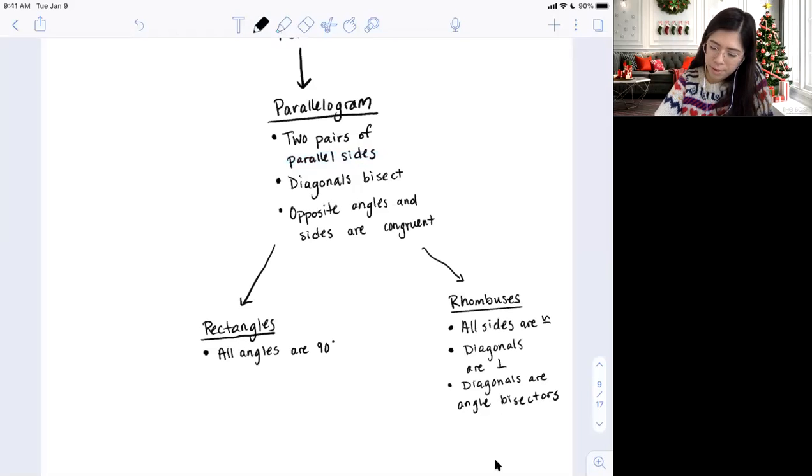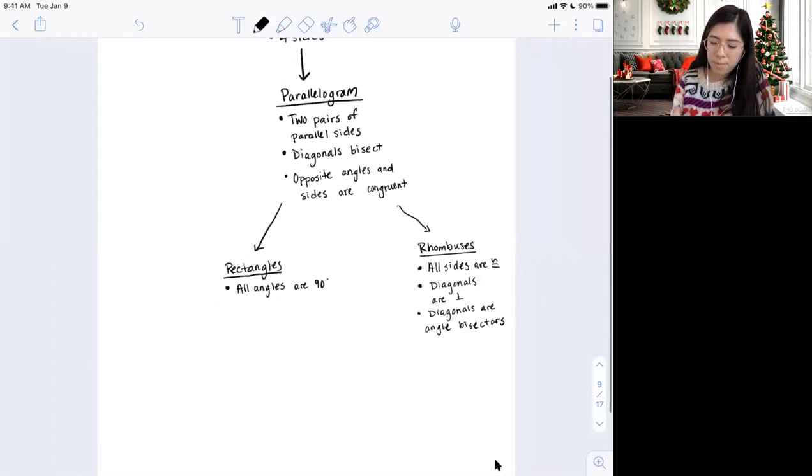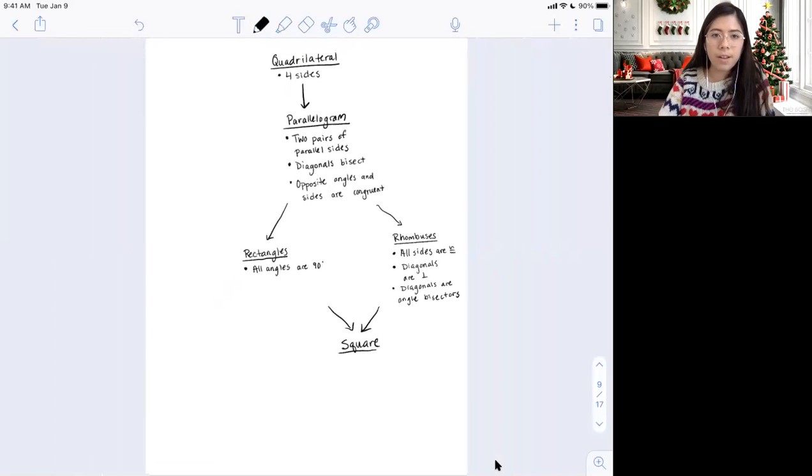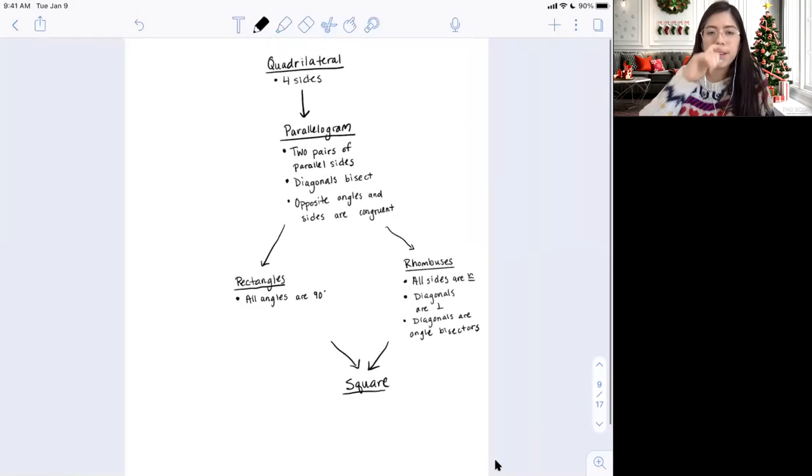All sides are congruent. You put a rhombus and a rectangle together, what do you get? A square. Good. Okay, so there is my other diagram that's helpful because it lists all of the very specific qualities for each of them.